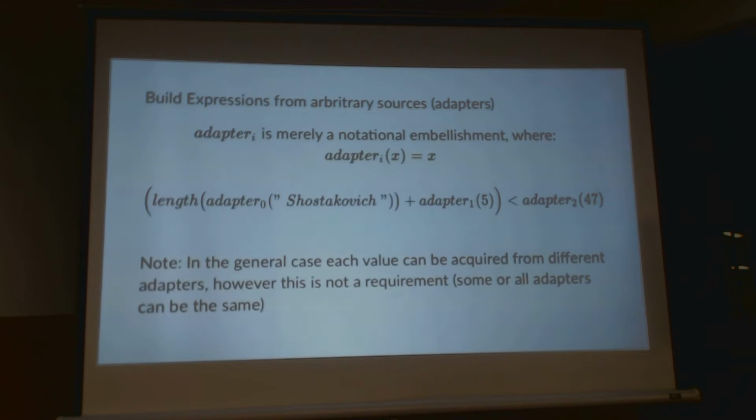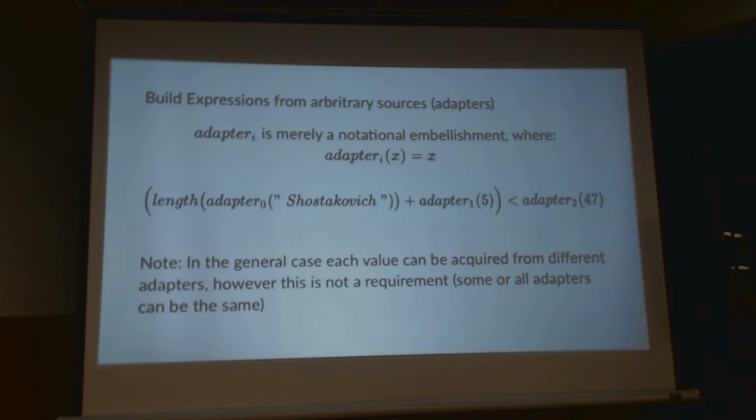Let's say you have a set of adapters. By adapter, I mean some kind of data source. It could be a database, an API, or a file written out on disk. When I say adapter 0, 1, adapter I, they all could be the same adapter, but the point is that they don't have to be.